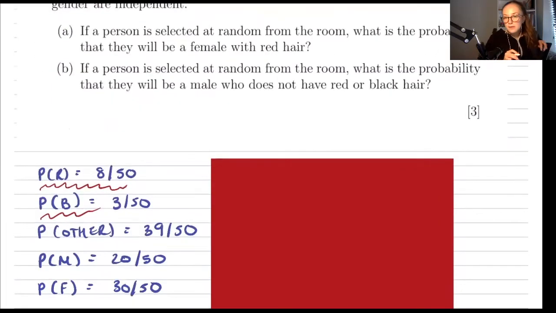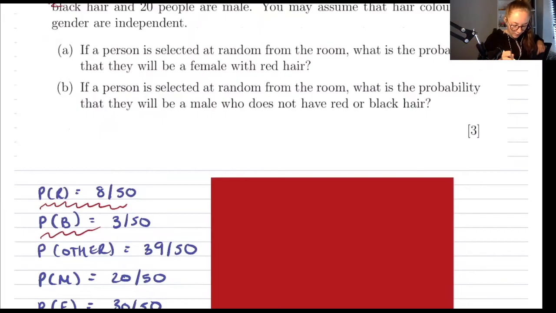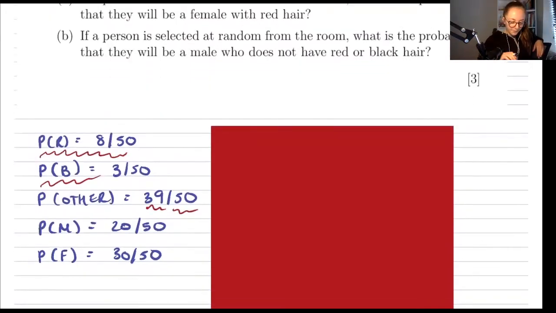And then I've also just said the probability of having some other hair color would be the rest. So 8 plus 3 is 11. So that means 11 people have either red or black hair. So the rest of the people, the other 39, will have some other hair color. So 39 out of 50 will have some other hair color.